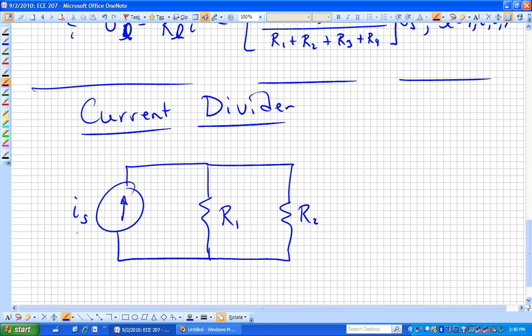And this is actually going to be a part of homework number 2. And it does have a physical application. R1 might be your body, and R2 might be a drill. And you hope that most of the current goes through the drill to ground and not through you to ground.